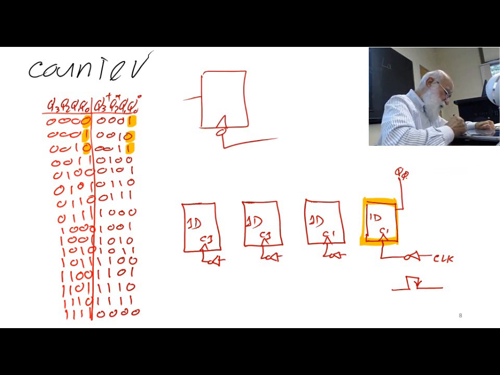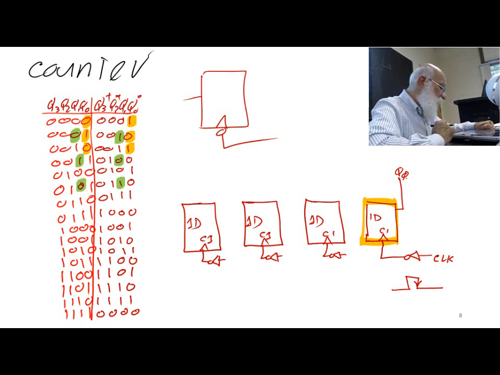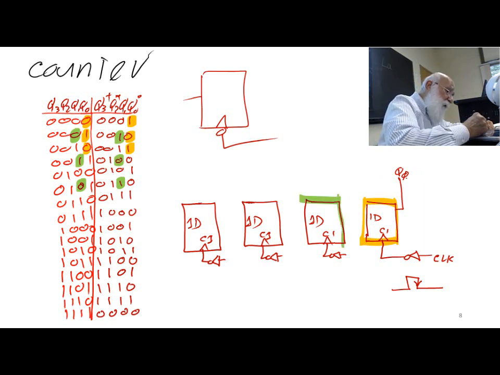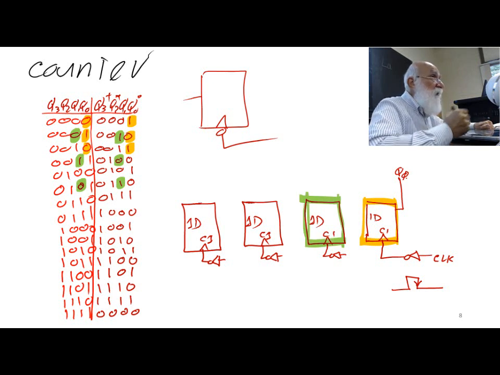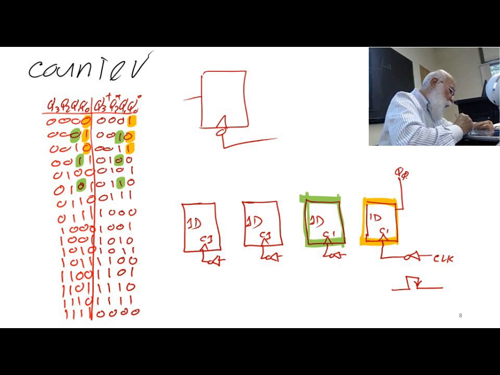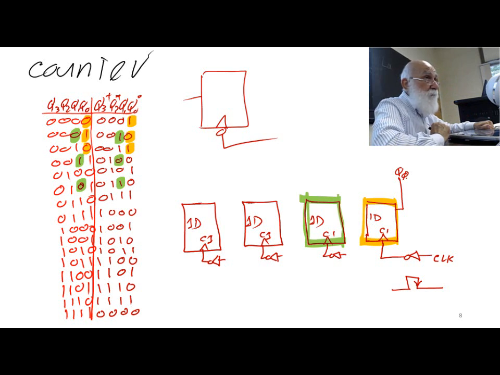All right, let's look at Q1 now. Q1 toggles here, or it toggles here, or it toggles here. If you look at that, you find that actually my flip-flop 1 is toggling anytime that my Q0 is going from 1 to 0.